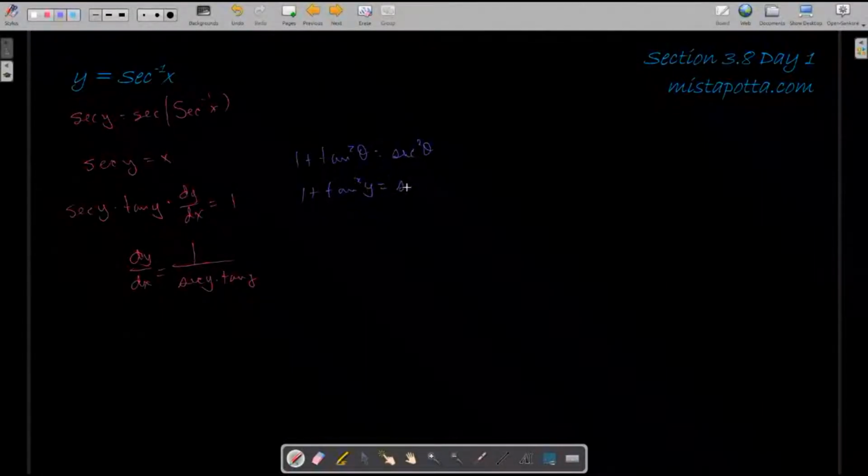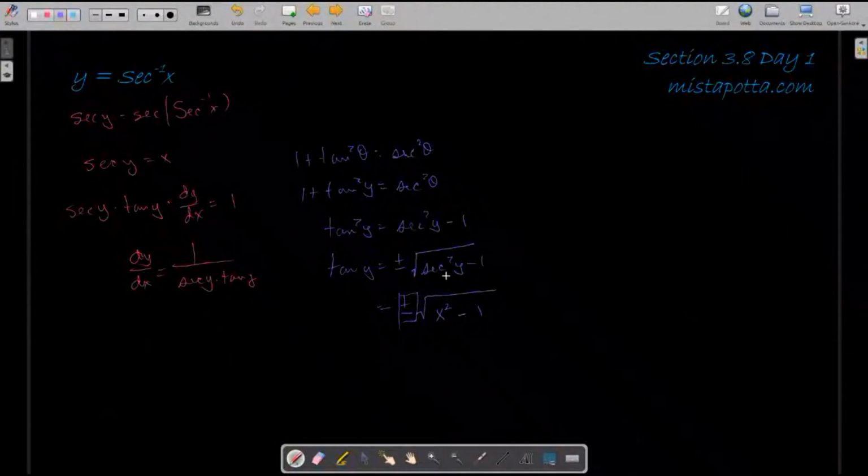And from this, I've got 1 plus the tangent squared of y equals the secant squared of y, or that the tangent squared of y is equal to secant squared of y minus 1. And so I've got tangent of y is equal to the positive or negative root of secant squared y minus 1, which is really the positive or negative square root of x squared minus 1.